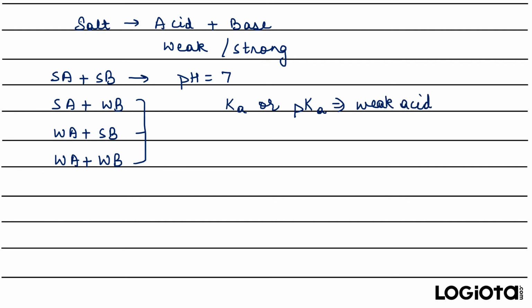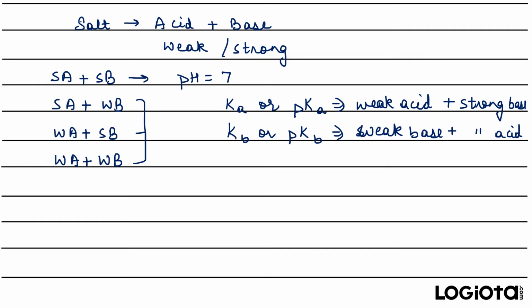And if Kb or pKb is given, then the salt is made up of a weak base. If the question only has Ka or pKa, then it is a combination of weak acid and strong base. And if only Kb or pKb is given, then it is a combination of weak base and strong acid.